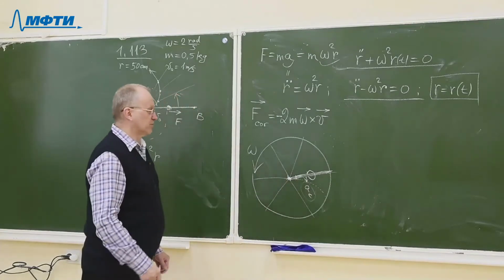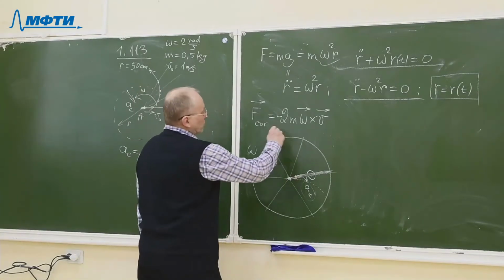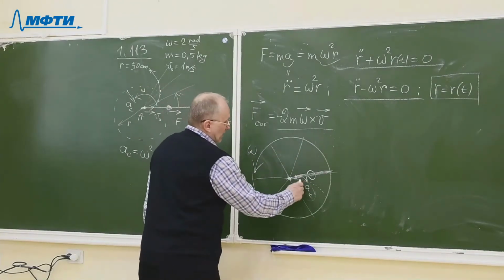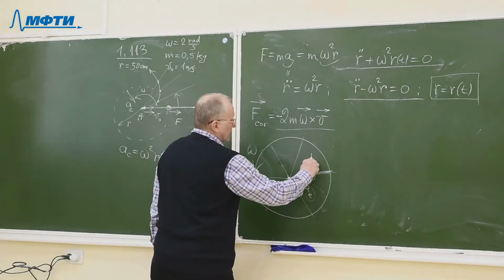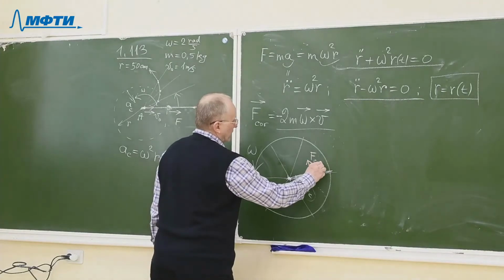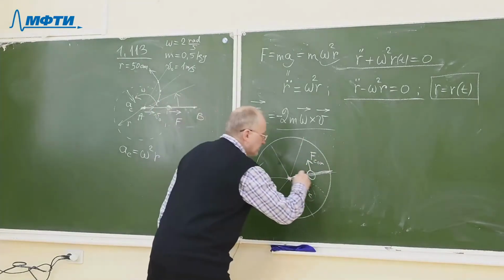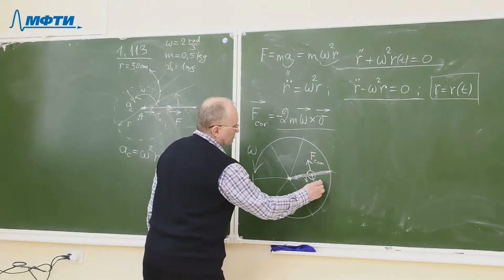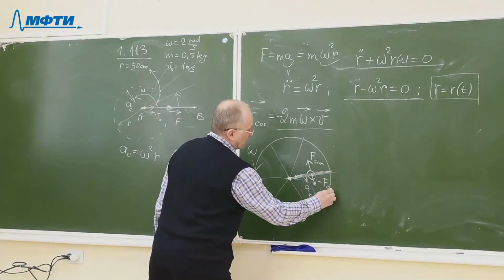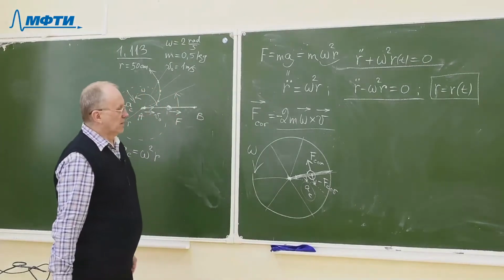compensate the Coriolis acceleration. So this force will be given by this formula, and the force acting on the disk will be directed here, Coriolis force, and the force acting on the rod from the disk will have opposite direction, will be minus F Coriolis force.